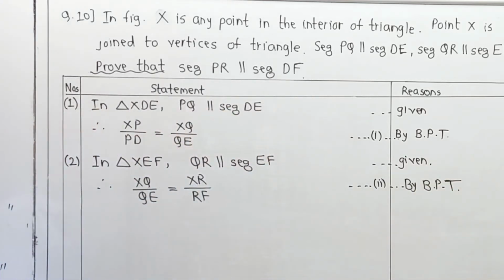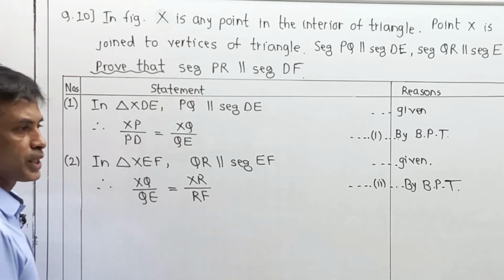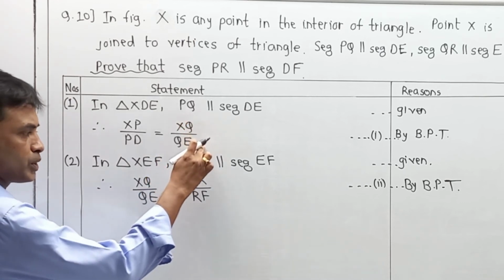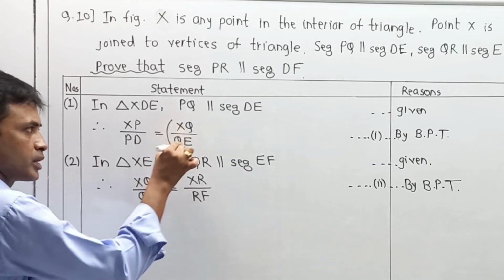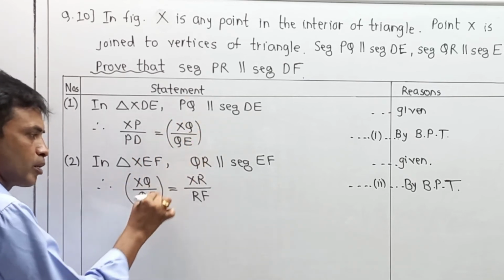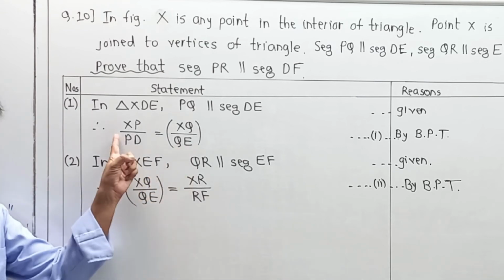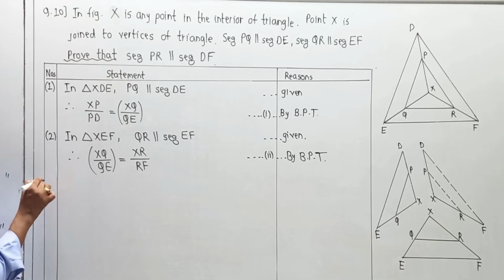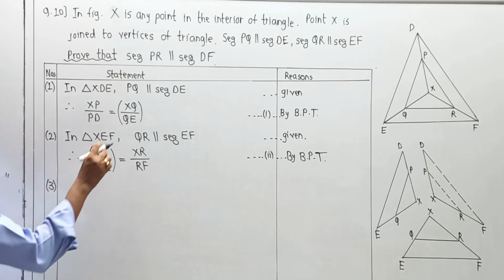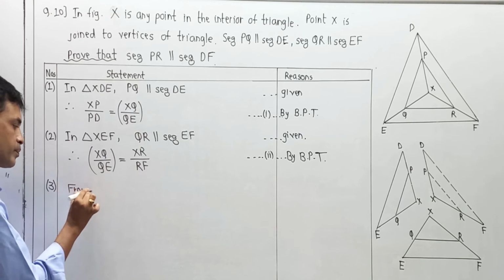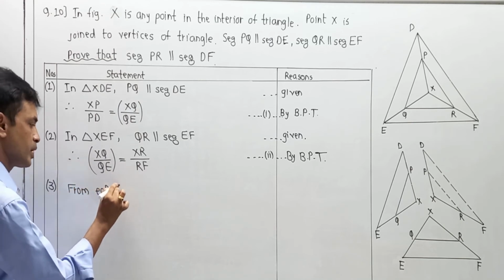Another part is, if you observe very carefully from equations 1 and 2, one part remains the same. What exactly is it? XQ upon QE and XQ upon QE are the same. If these two are the same in equations 1 and 2, naturally the other two become equal to each other. We are going to start the third part. This is a conclusion from equations 1 and 2.